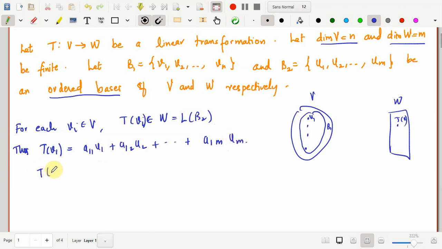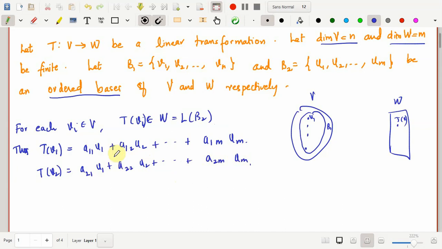Now a11, a12 till a1m are some scalars. Similarly, we will have T of v2 as a21 u1 plus a22 u2, and this will keep on going till a2m um.